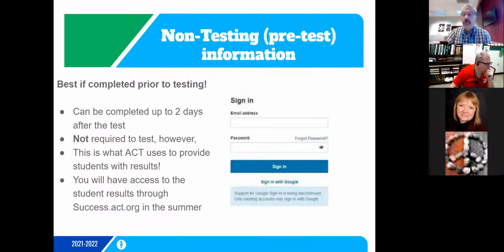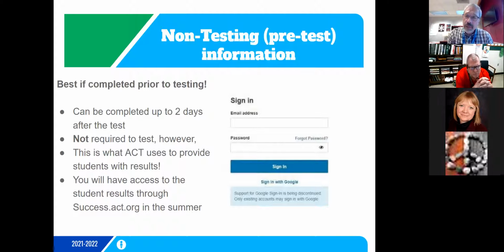So if they don't fill this out, they will not get their results. You can get them later on, probably 8 to 12 weeks later, through the website success.act.org, where you can pull individual student reports, including those who have not done the My ACT.